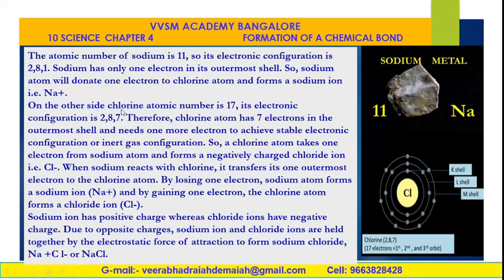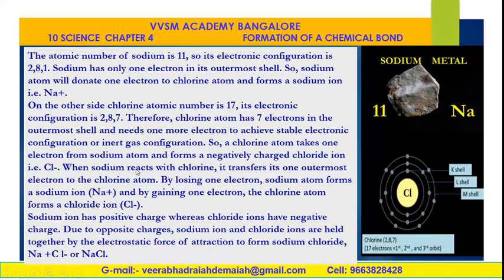On the other hand, the chlorine atomic number is 17, and its electronic configuration is 2,8,7. You see, this is the electronic configuration of the chlorine atom. In this chlorine atom, there is a distribution of electrons in the K shell, innermost shell, L shell, middle shell, and M shell, outermost shell. The outermost orbital electrons are called valence electrons.